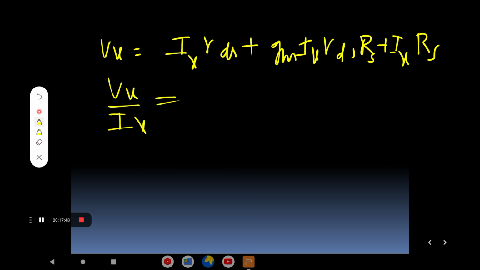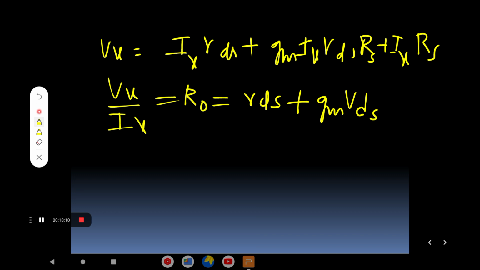Therefore, that is equal to output resistance R0, that is equal to RDS, if you are taking Ix as a common value, so the only RDS plus Gm into VDS into RS plus RS. So this is the remaining term you will get in this equation.